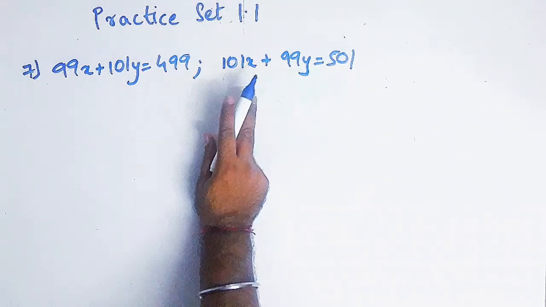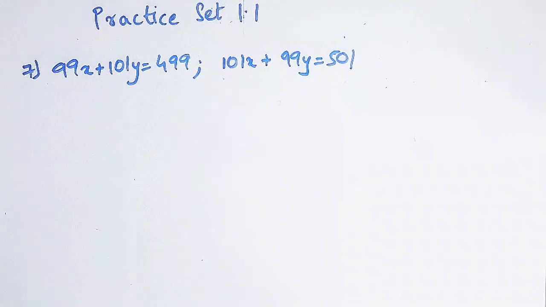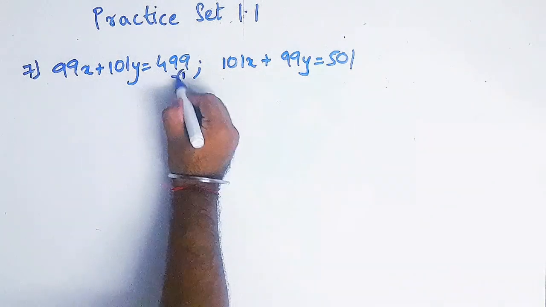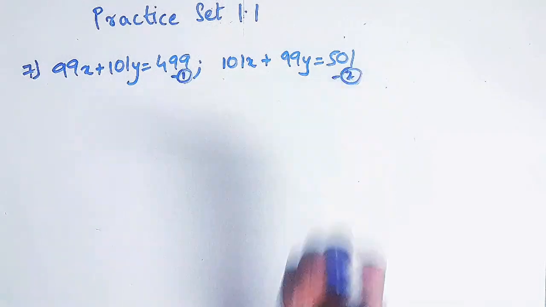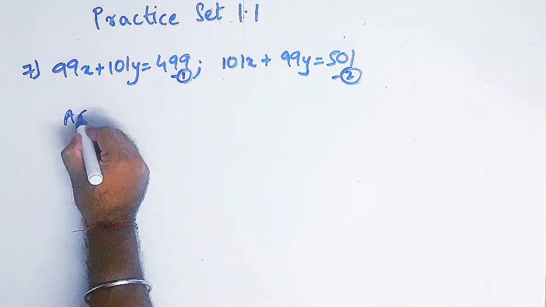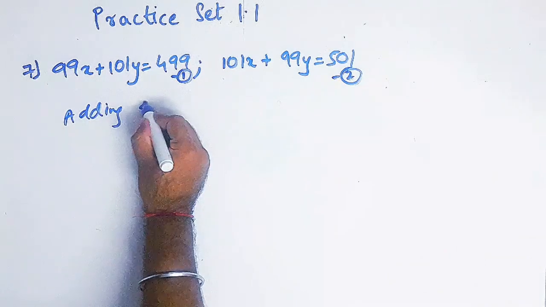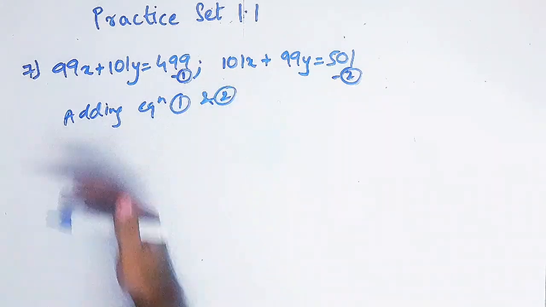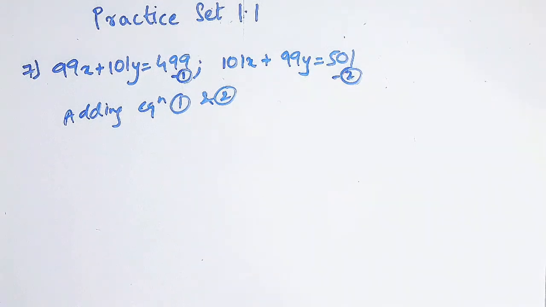In that case you have to follow only 2 steps. What are they? Just see. I'll name these as 1 and 2 here itself. One time you have to add equations 1 and 2, and one time you have to subtract, so that you will get 2 new equations.